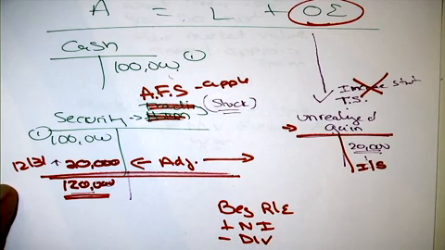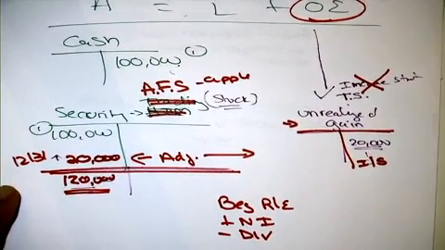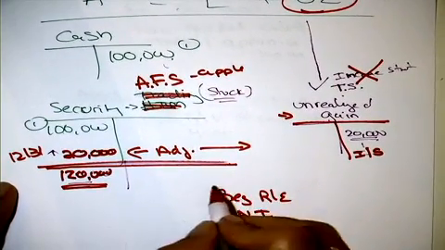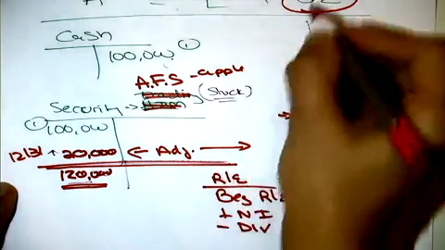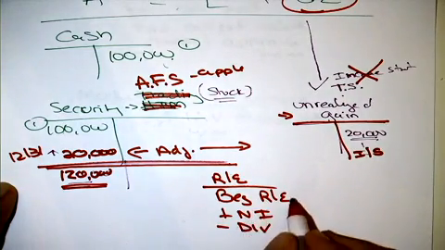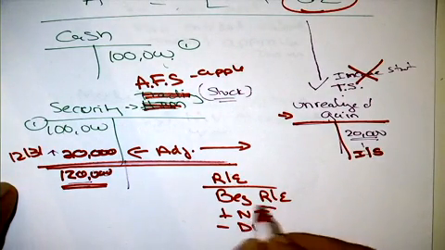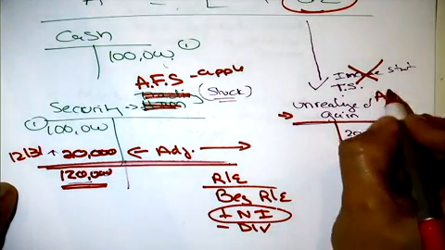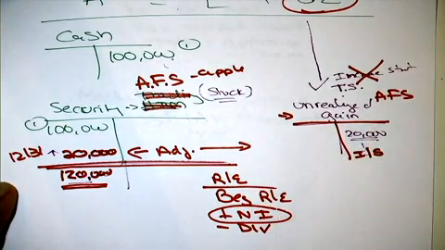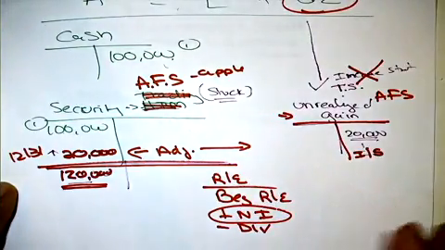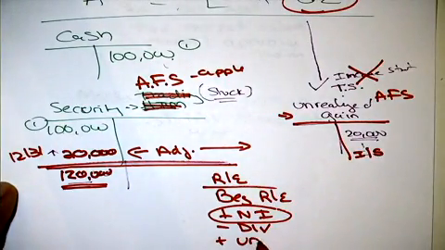Does this look familiar to what we did at the beginning of class today? Beginning retained earnings under owner's equity, plus net income, minus dividends. So if available for sale is not included in net income, it has to be included somewhere because it's under owner's equity. We would bury it under retained earnings.